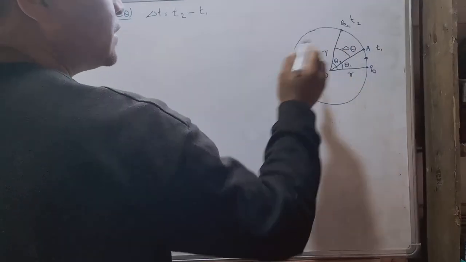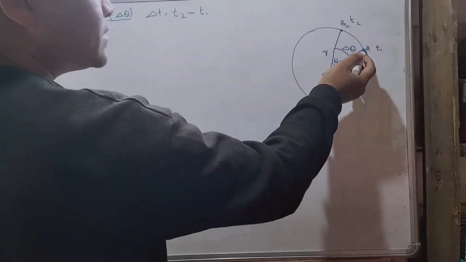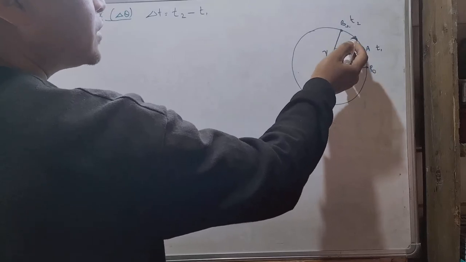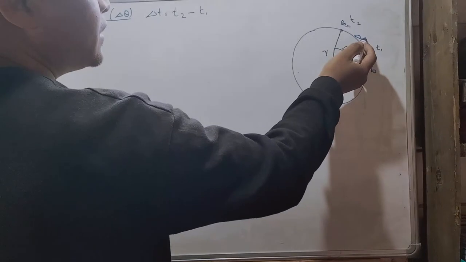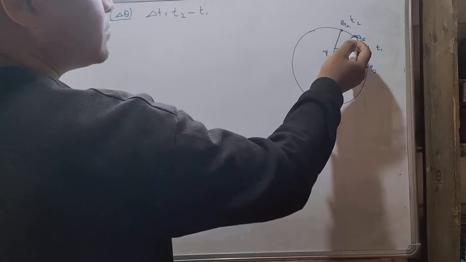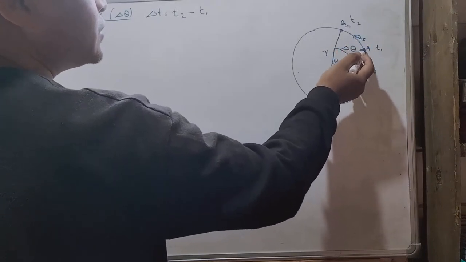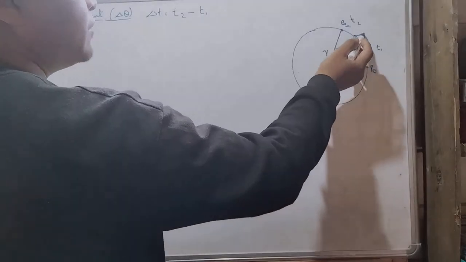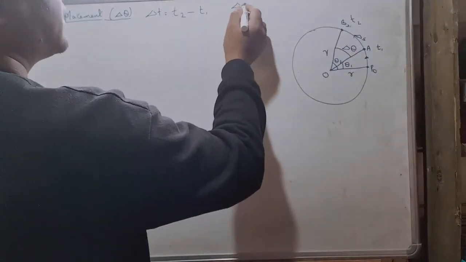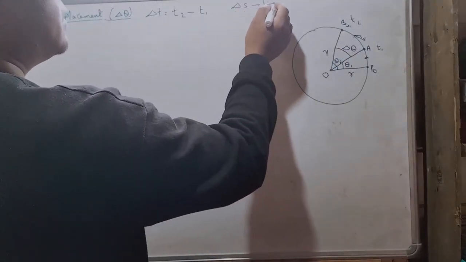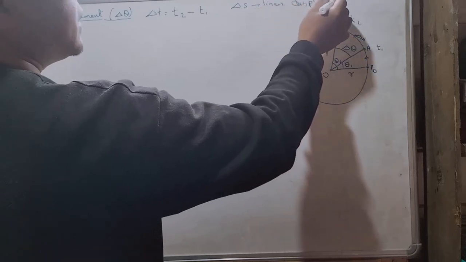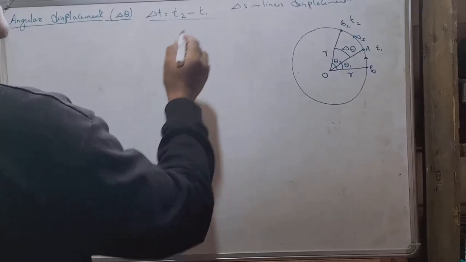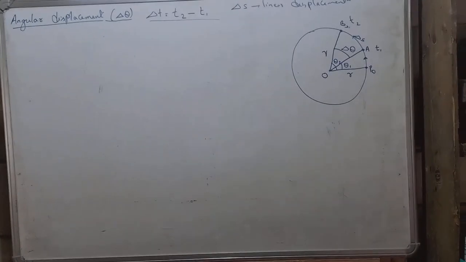This is delta theta, and the linear displacement in this case is delta s, which is measured along the arc. So this arc AB gives you the linear displacement. Delta s is the linear displacement along the circumference during this time interval delta t equals t2 minus t1.